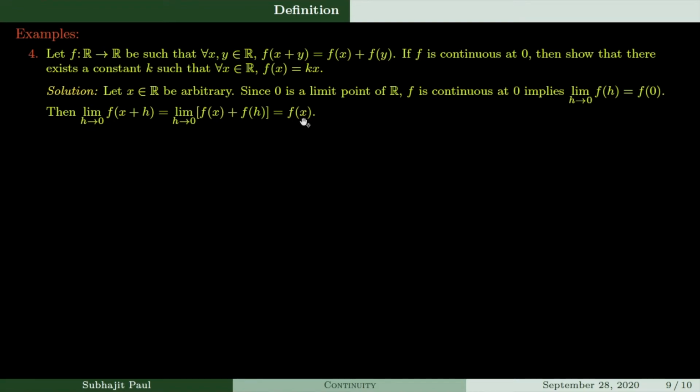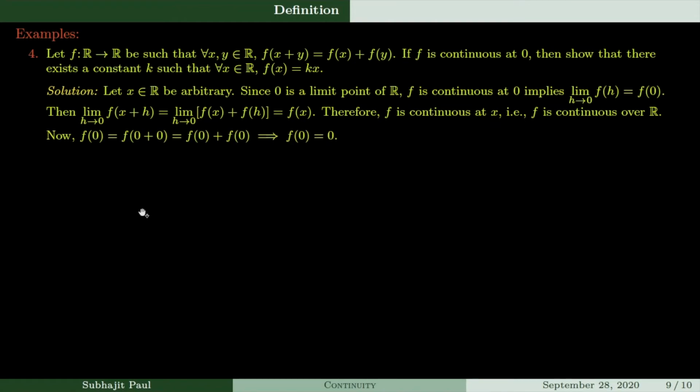So this means that the function is continuous at x, because x is a limit point. Any real number is a limit point of the set of real numbers. So the limit as h tends to 0 of f(x + h) equal to f(x) implies that the function is continuous at x. Therefore, f is continuous at x, that is, f is continuous over the entire R.